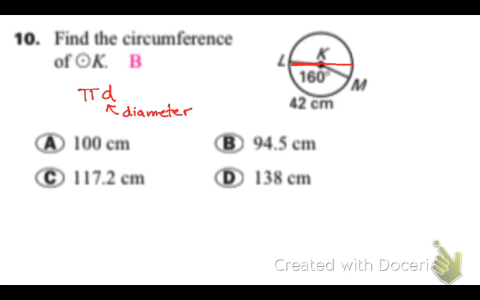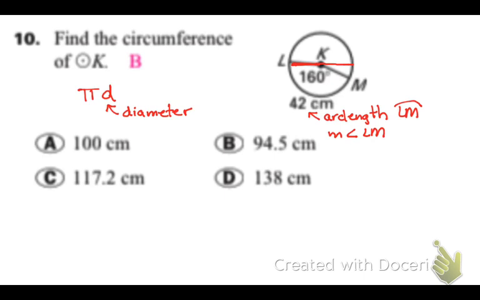But let's look at what you do have. You do have the arc length of arc LM, and you know the measure of angle LM. So it looks like you can use that arc length equation to find out what the circumference is.